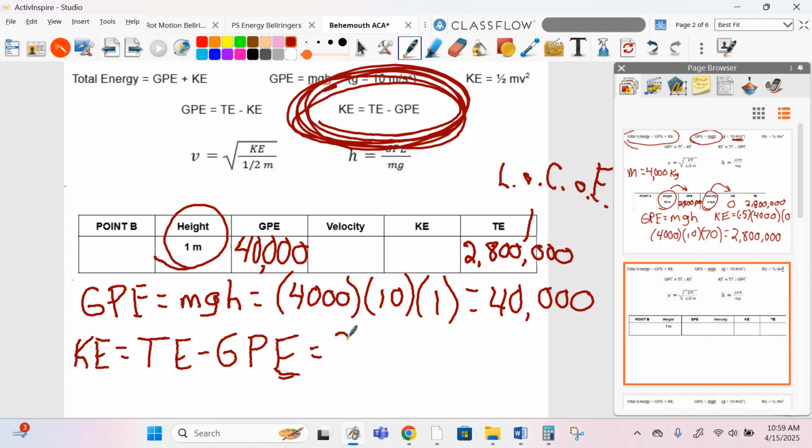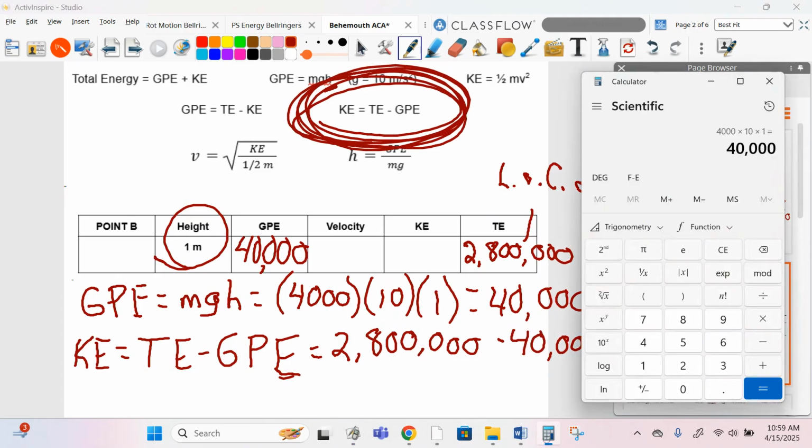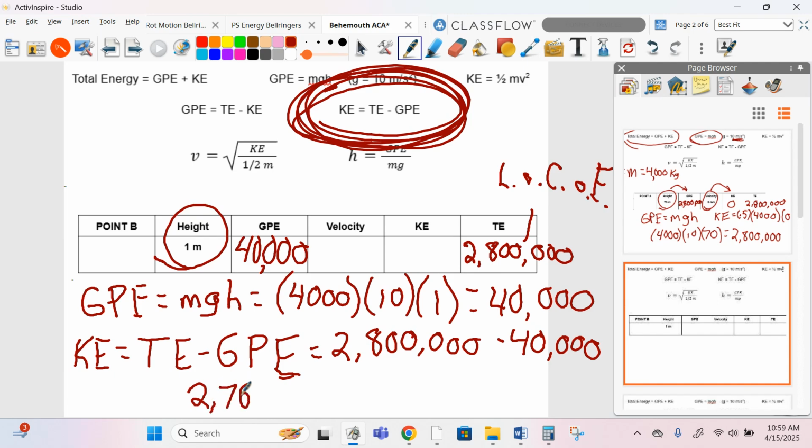So when I type this in, 2,800,000 joules, I'm subtracting 40,000. That's going to give me 2,760,000 joules, and that is the KE.